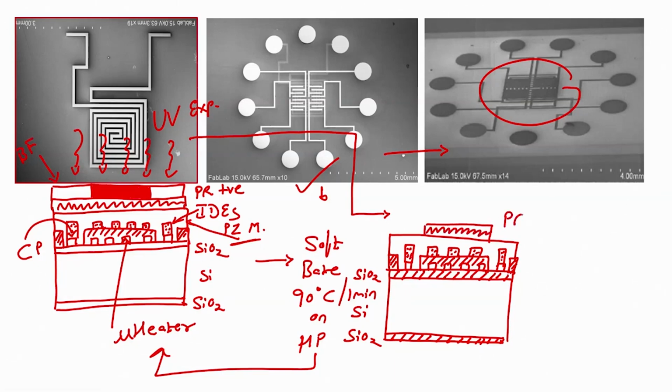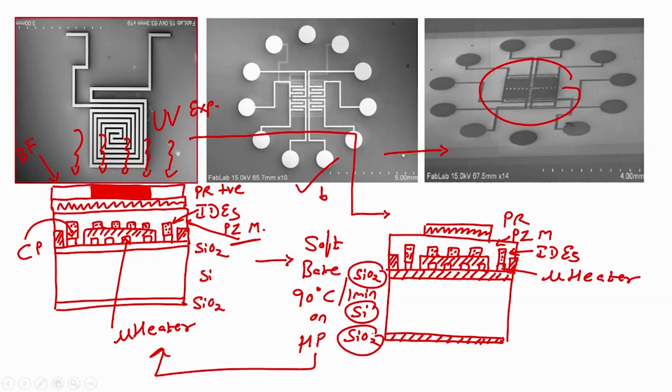So, this is my photoresist, this is my piezoresistive material, right, this one. Then this one is the interdigitated electrodes, then this one is the micro heater, this we already know, SiO2, silicon, SiO2, right. What is the next step?